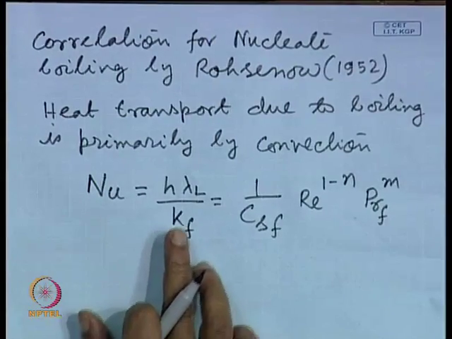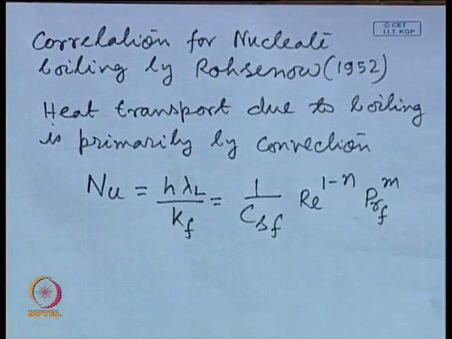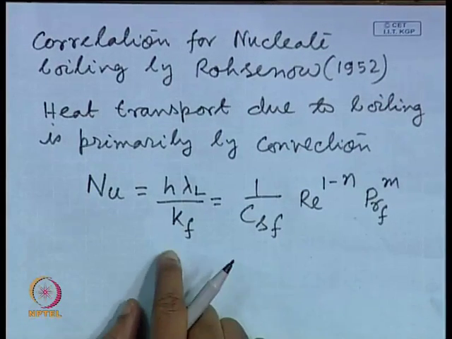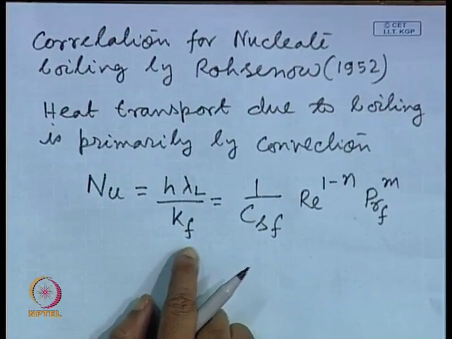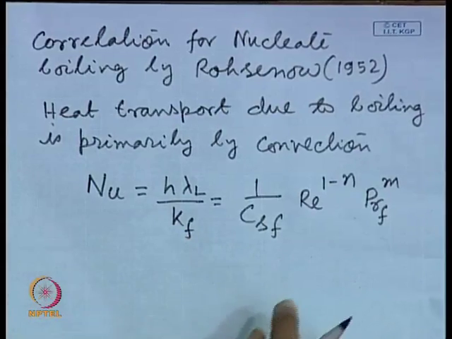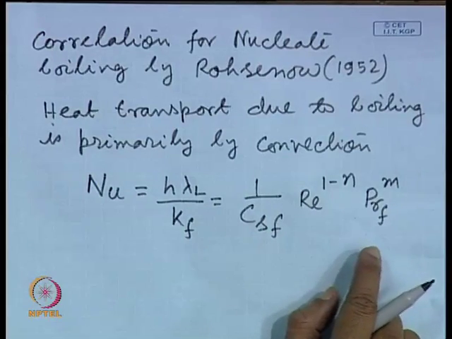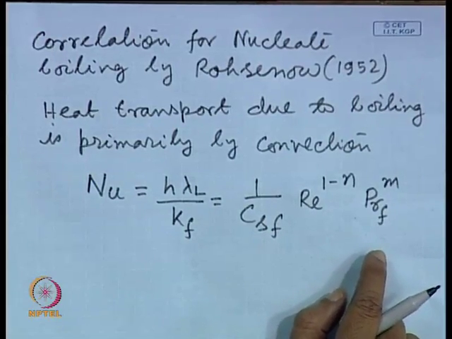So, the basic definition of Nusselt number is the convective heat transfer coefficient multiplied by some characteristic length divided by the conductivity of the fluid. This is dependent on Reynolds number and Prandtl number.